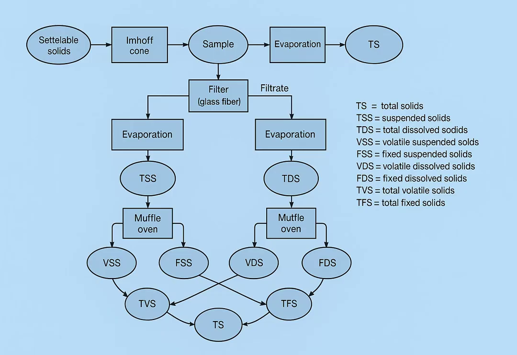Right, including those really tiny colloidal particles, the invisible stuff, and naturally, volatile dissolved solids, VDS, and fixed dissolved solids, FDS. Organic and inorganic parts of the dissolved fraction. Makes sense. And finally, settleable solids. The heavy stuff that just drops out. You got it. The stuff that settles on its own. Okay, here's where it gets really interesting, I think. Understanding each piece helps build that complete picture of water quality. It guides some pretty critical decisions.